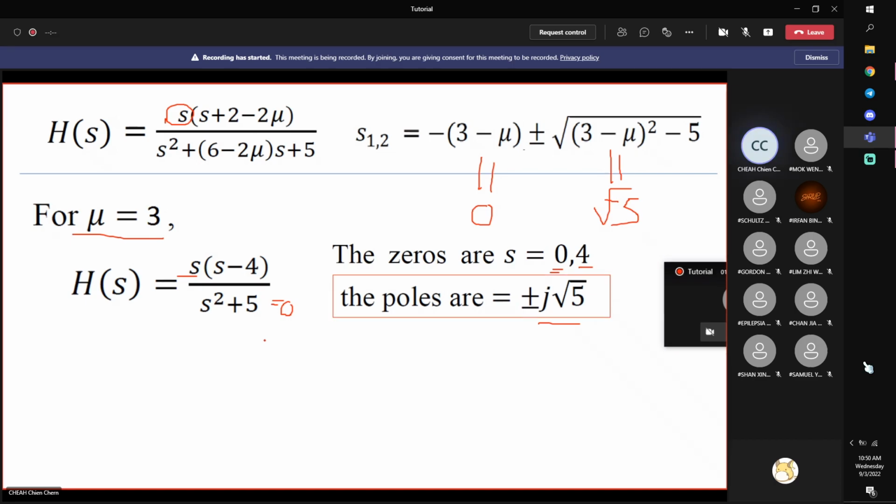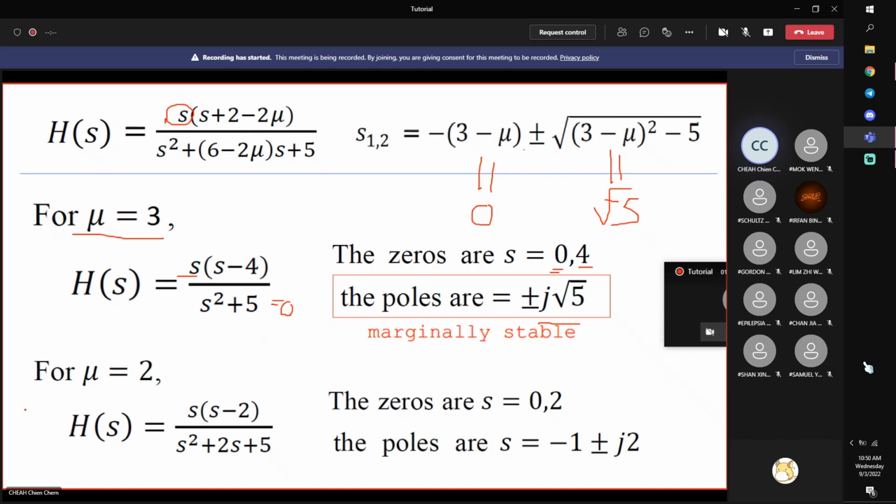Then mu is equal to 2. If mu is equal to 2, okay, then I'll just go straight to the poles. Put 2 here. 3 minus 2, 1. Right? 1 minus 4, negative 3... 1 minus 5, negative 4. Negative square root of negative 4, j2. Right?